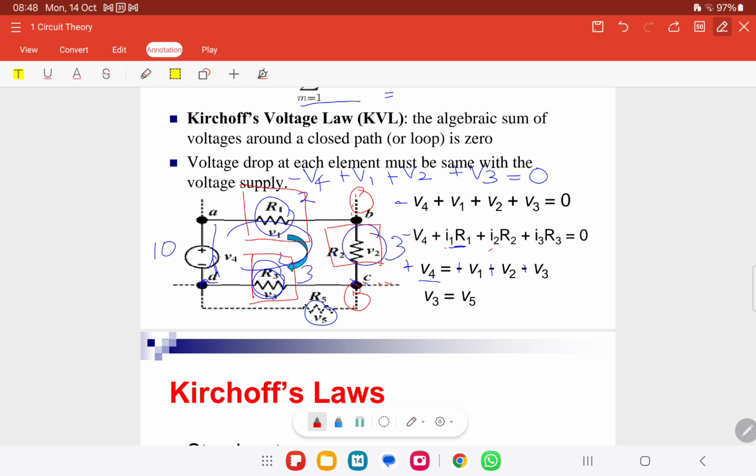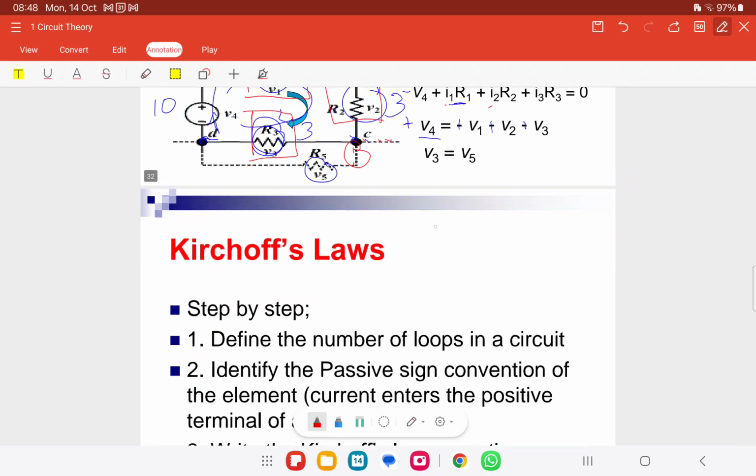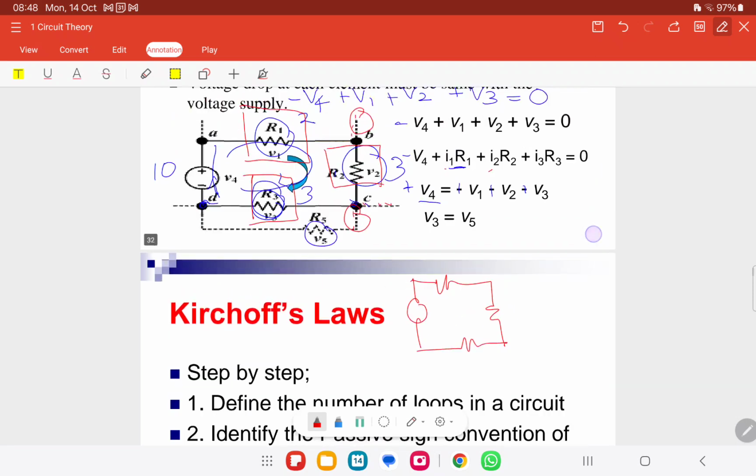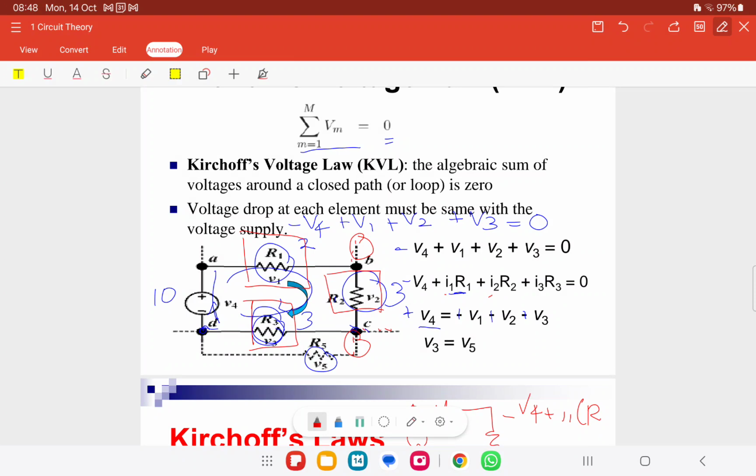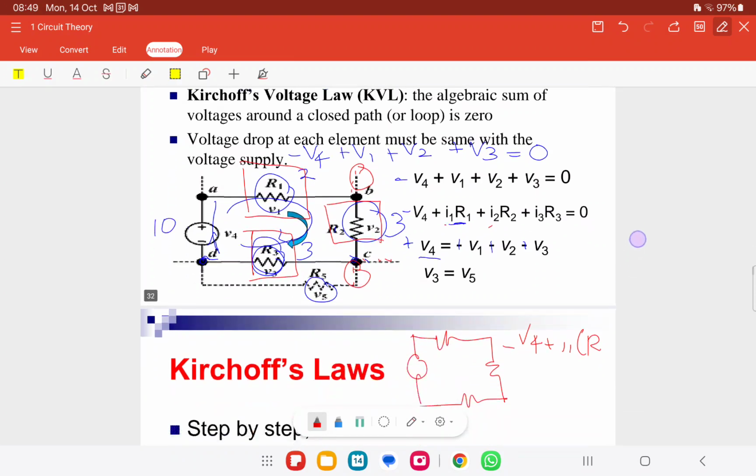If it is the same value, then you boleh buat, kalau circuit dia macam ni je, so boleh je lah buat satukan minus V4 plus I1, order R tu dalam kurungan semua. Okay, faham tak this one? Any question tak for the KVL?